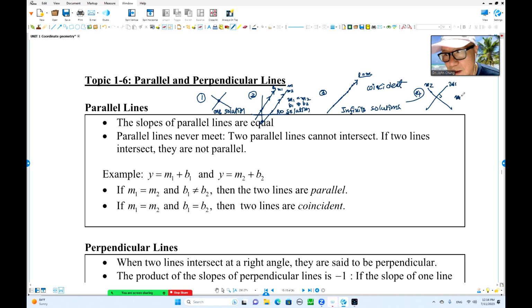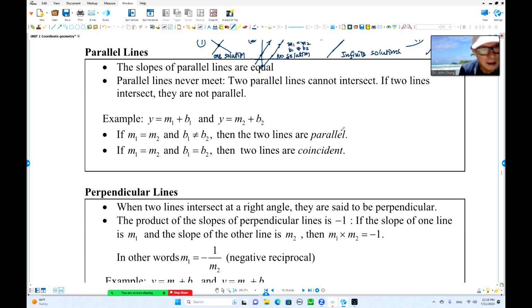The slopes are negative reciprocals, or the product of the slopes always equals -1, then these two lines are perpendicular. Okay, this is a special case, but anyway, there are four possible cases.